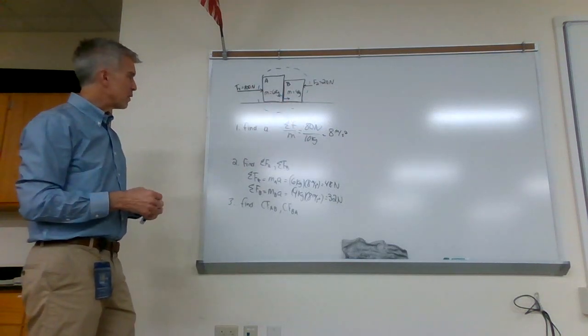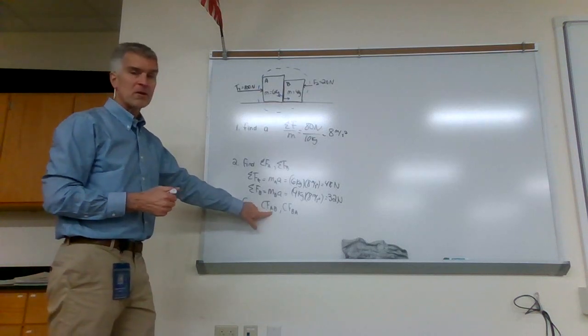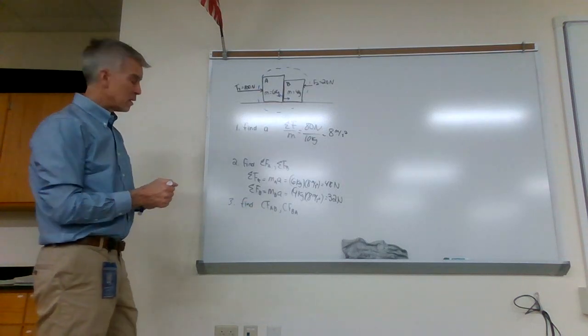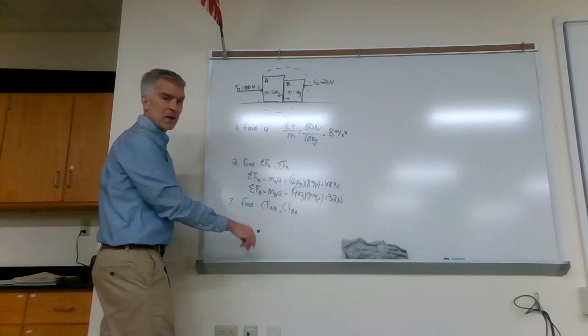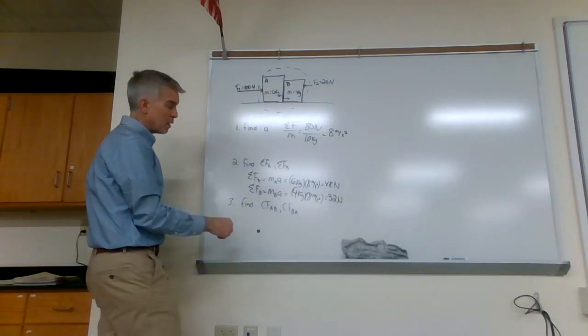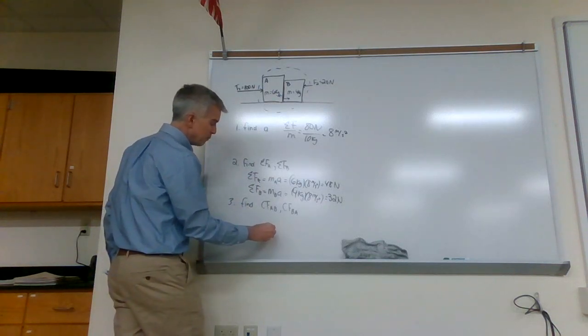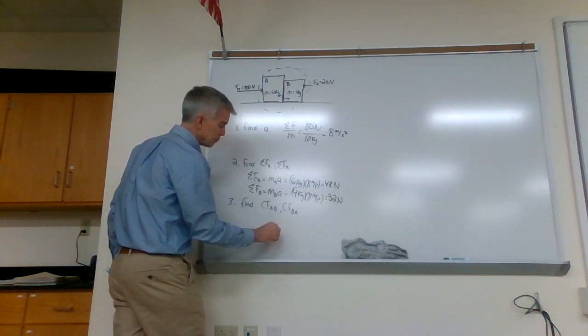Okay, so let's look at the contact force on A by B. So if I look at object A, and I'm not going to draw the vertical forces in here, F1 is 100 newtons.